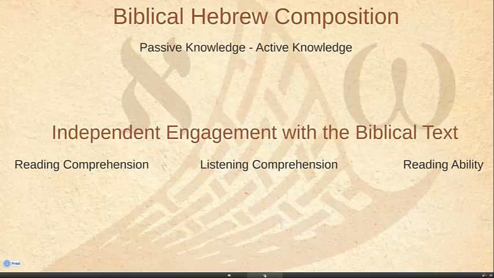It aids your reading comprehension, your listening comprehension, your reading ability, and it aids your long-term retention of that language. So when it comes to learning and studying the language, we'd encourage you to learn actively.